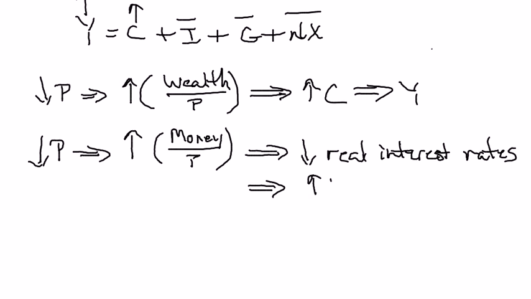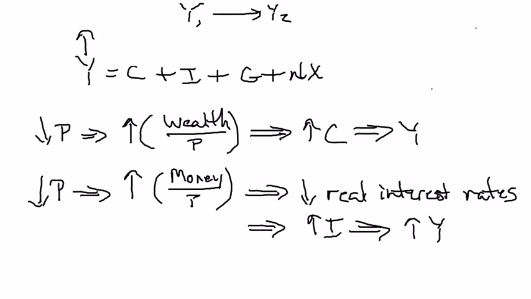So there'll be an increase in investment, which will cause an increase in GDP for exactly the same reasons as I talked about before. Except now, if we're holding consumption, government, and net exports constant, if you decrease the price level, that's going to lead to increased investment expenditures, which must increase real GDP. All right, let's do one last erasure.